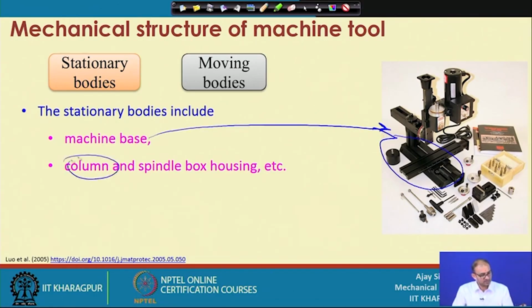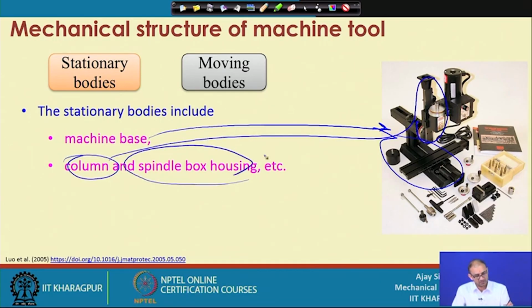Then this column is this one, and the spindle box housing, whatever is available here, this is the spindle box housing. So, in that way you can find these are the few main components, but there are many auxiliary components depending upon the total specification of the machine, you can get different things out of it.